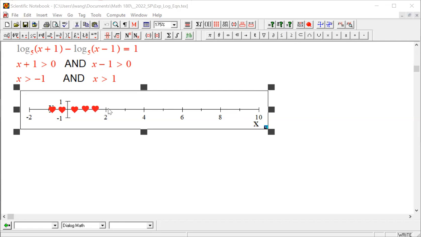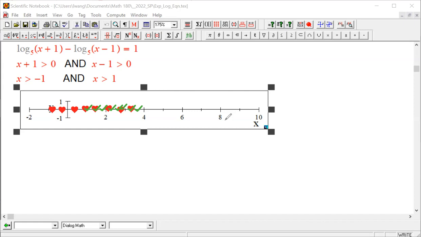Larger than 1 are from here. Any place that's been marked twice will be the domain, and obviously the combination of these two is x larger than 1.